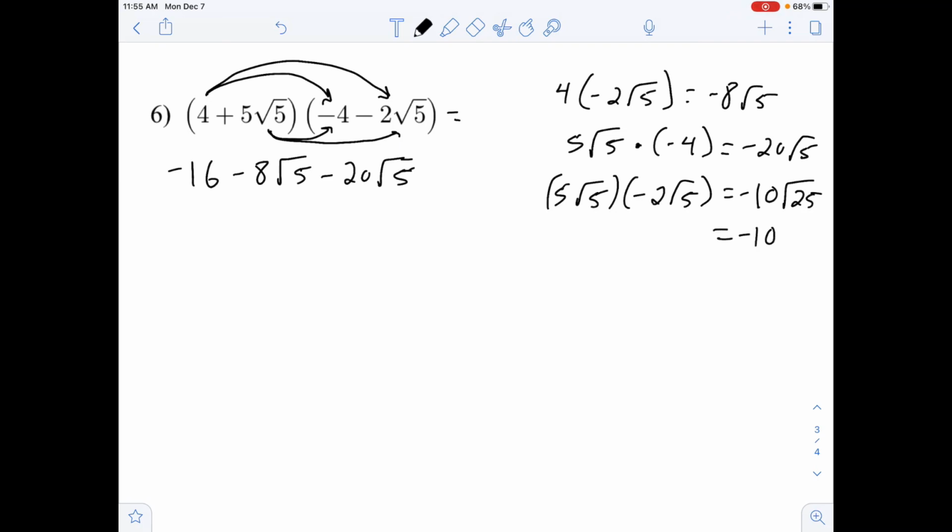But of course, that square root of 25 is 5. So that's what I was saying. If you multiply a radical by itself, you just get what's inside. So then we can just say that this is negative 50. So minus 50.